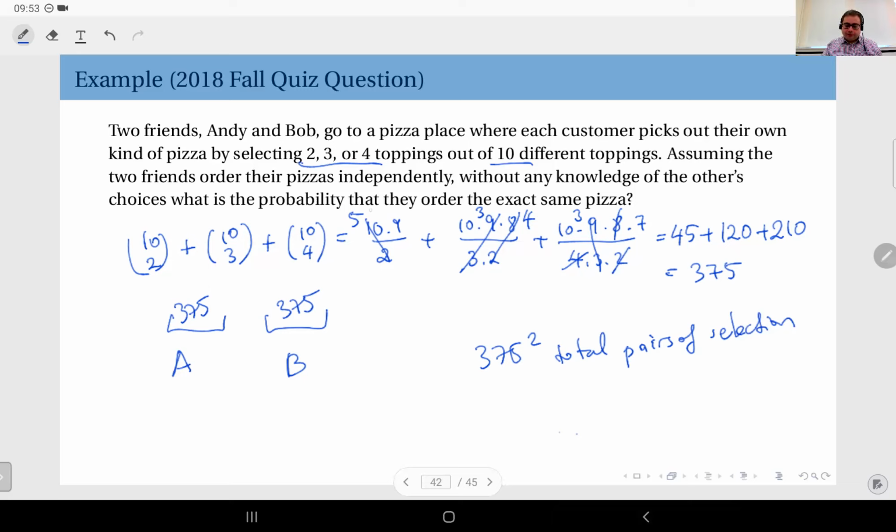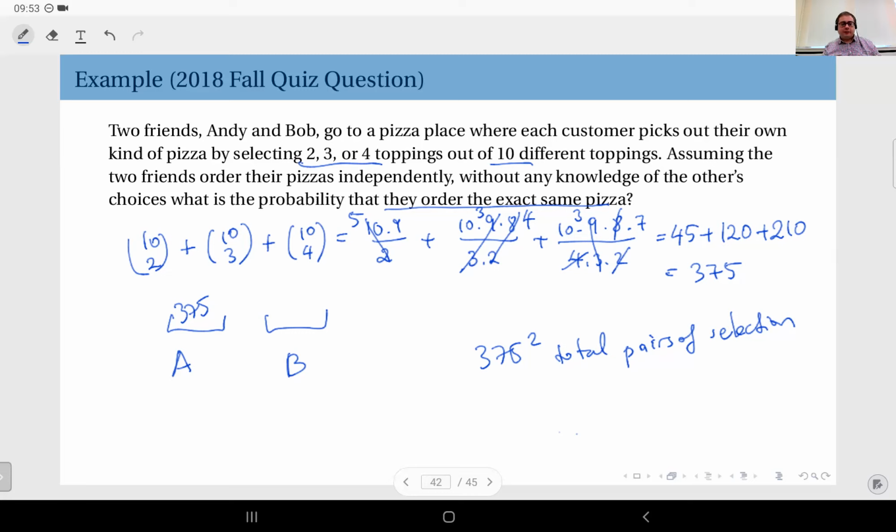Now, consider this. What is the probability that they order the exact same pizza? At this point, I'm trying to find the number of outcomes in the event that they ordered the exact same pizza. Let's say Andy chooses first, and he can select 375 choices, one among them.